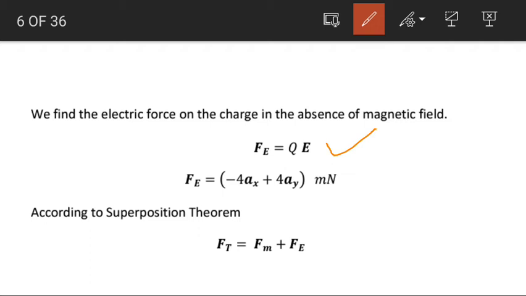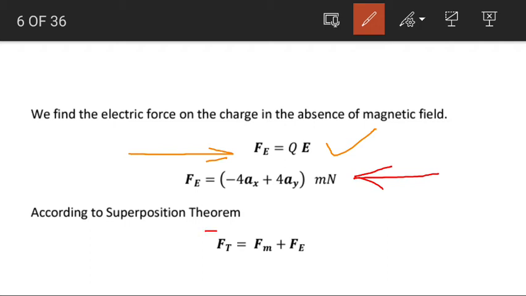So we use this particular equation to find out the force on the moving charge due to the electric field. We multiply the charge by the electric field intensity, and we get the force on the moving charge due to the electric field intensity, which is minus 4AX plus 4AY.